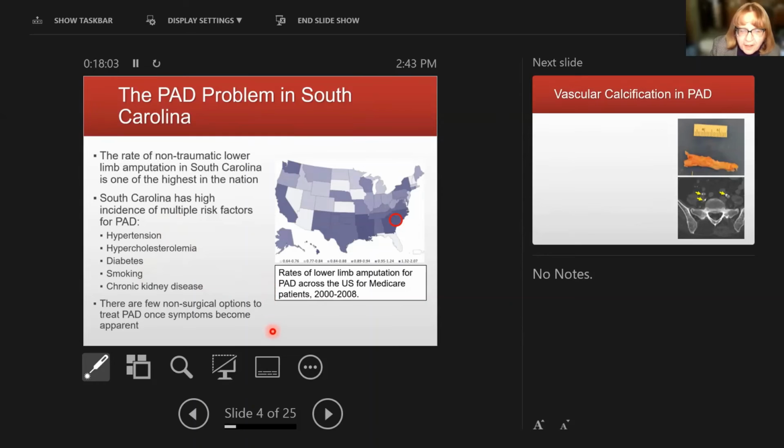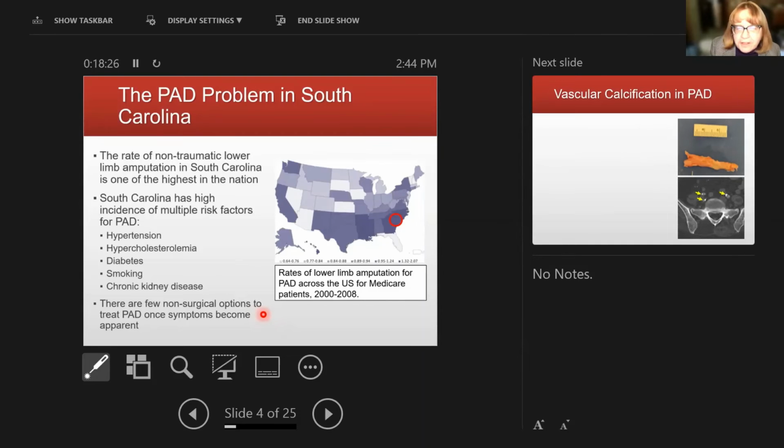And additionally, there's a concern, and this was mentioned nicely in Dr. Azar's talk, that there are few non-surgical options to treat peripheral arterial disease. So mostly the condition is silent up until the patient develops intermittent claudication.